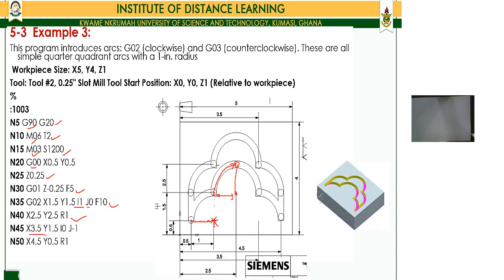So it means we then come here. Then we move on to X 3.5 and then Y 1.5, which is down here. So it moves on to this position, and this time it uses an IJ. If you look at this, is the start position, and then the tool will then move here.